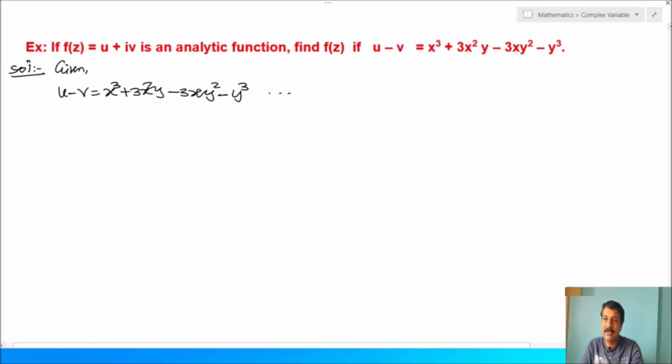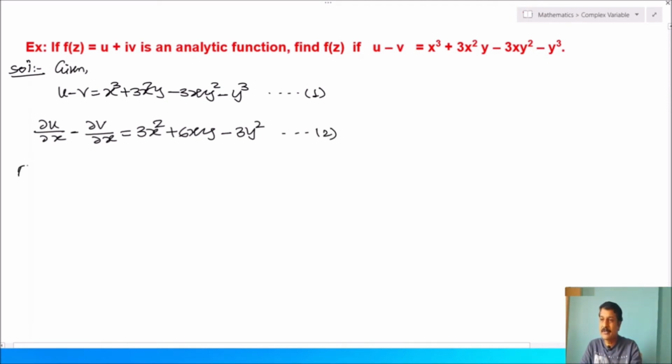So if we consider this is equation number 1, so with respect to x partially, it is del u by del x minus del v by del x equal to 3x square plus 6xy minus 3y square. Equation number 2. Now again equation 1, differentiate partially with respect to y now.